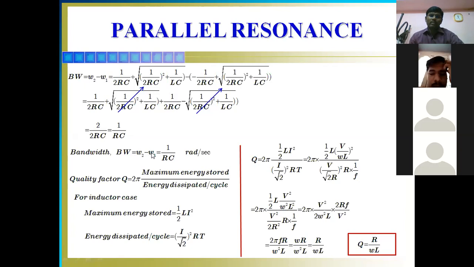F2 minus F1 is equal to 1 by 2 pi RC. Instead of 1 by RC, in terms of hertz, you get 1 by 2 pi RC. Okay, so this is the way to calculate the bandwidth of the parallel resonant circuit.